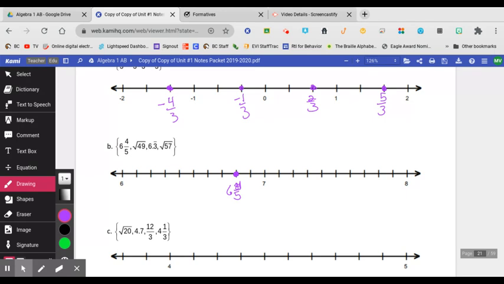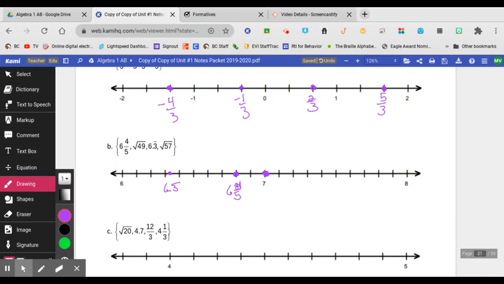Square root of 49 is 7. It would also be negative 7, but we don't have that option. 6.3 repeating is not 3/10, but a little bit more than 3/10, because it's 3, 3, 3, 3. So here's 3/10, so I'm going to go a little bit more to do 6.3 repeating.